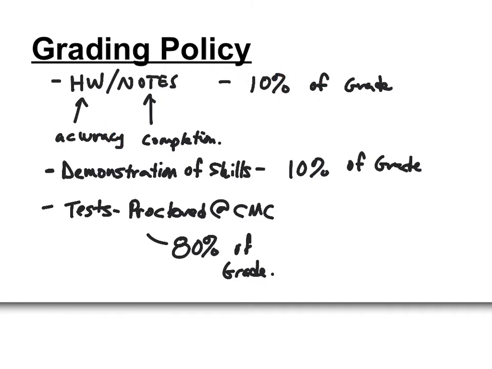It's important that you know how to do the homework and the demonstration of skills, because if you can actively do this and explain what you're doing to me, then when you take your tests, you're better prepared. This is the biggest part, I think. Because the tests are so much of your grade, you have to perform well on these exams, but you first have to demonstrate that you know how to do those problems before you take your test.